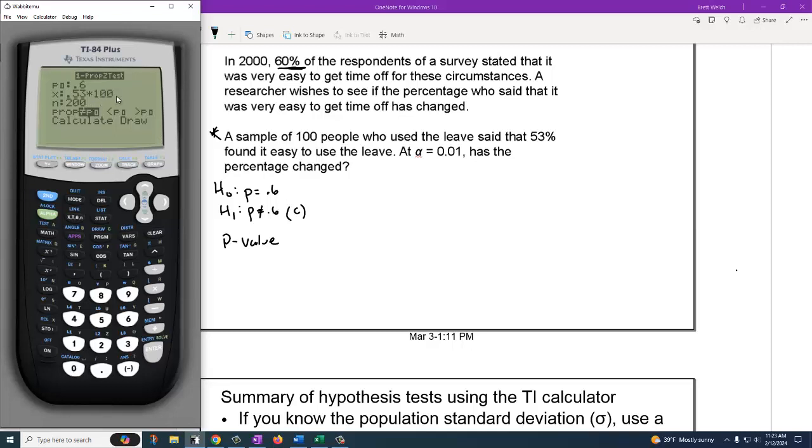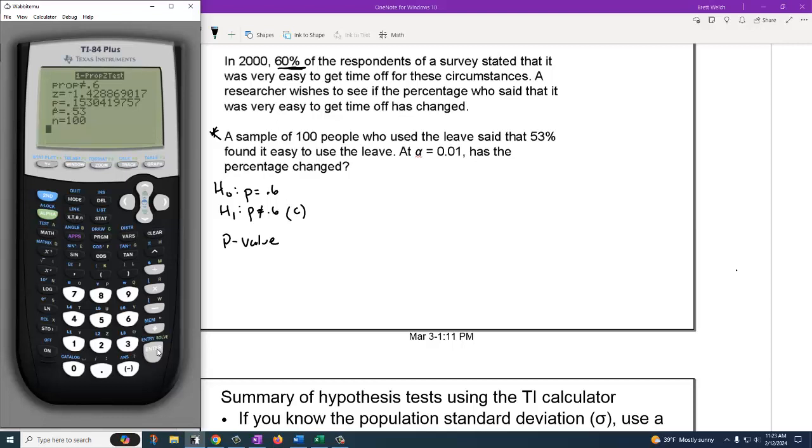Now, obviously, I know that 53% of 100 is 53, but if it was of another number, like 53% of 275, I could just type in 0.53 times that, and it will evaluate and tell me how many. There were 100 people in the survey, and we're still doing not equal, so we calculate.